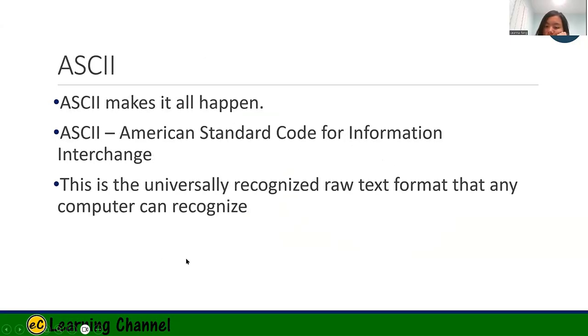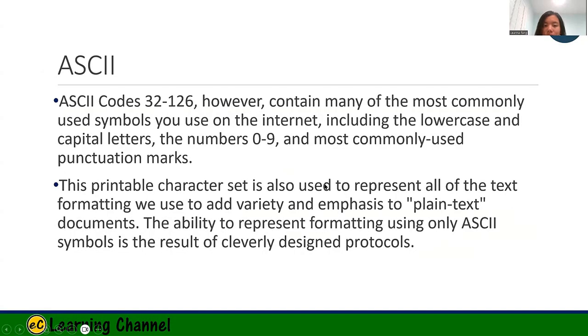And ASCII is a coding standard. ASCII is a character set. So when you send out data through the internet, you have to follow the ASCII symbols. Otherwise, the other side won't accept your words. Okay, this is ASCII.